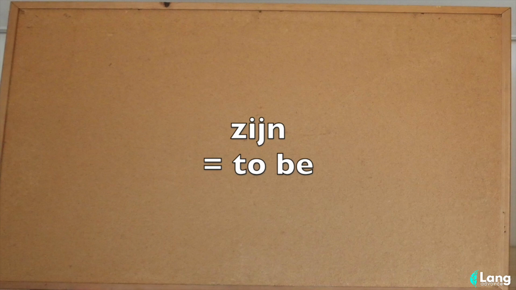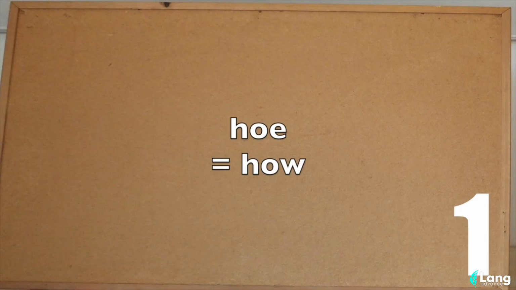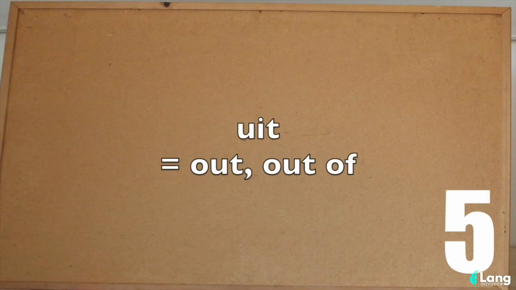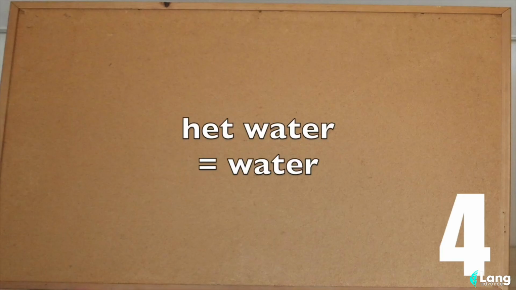"Zijn" means to be. "Hoe" is how. "Uit" is out, out of. And "het water" is water.